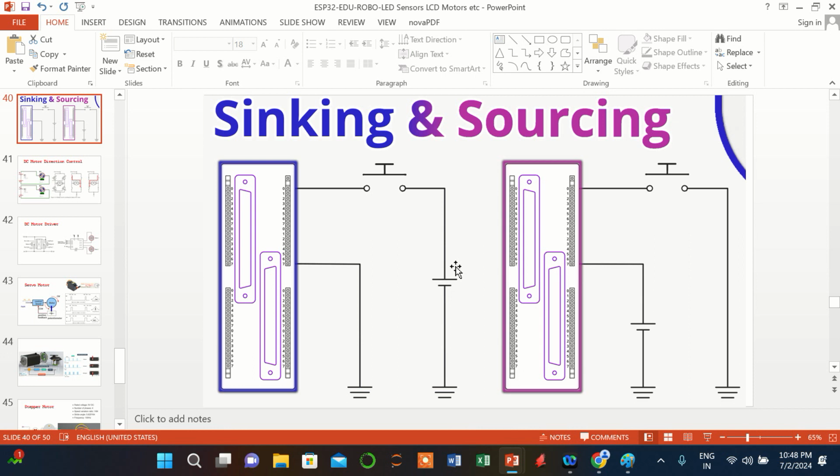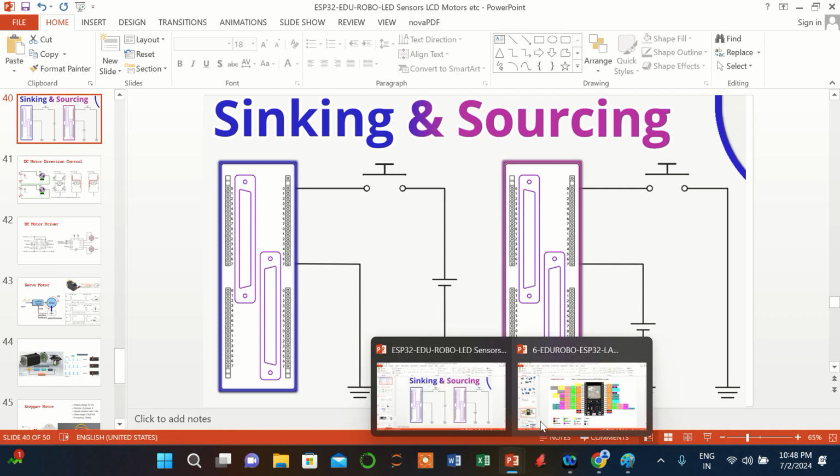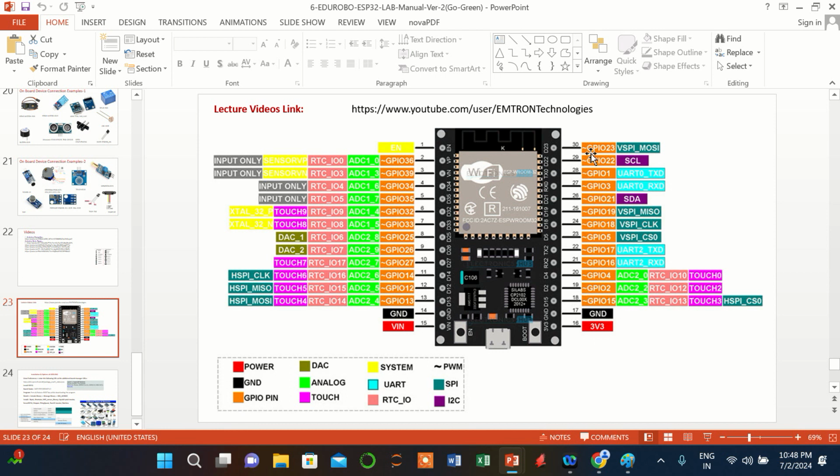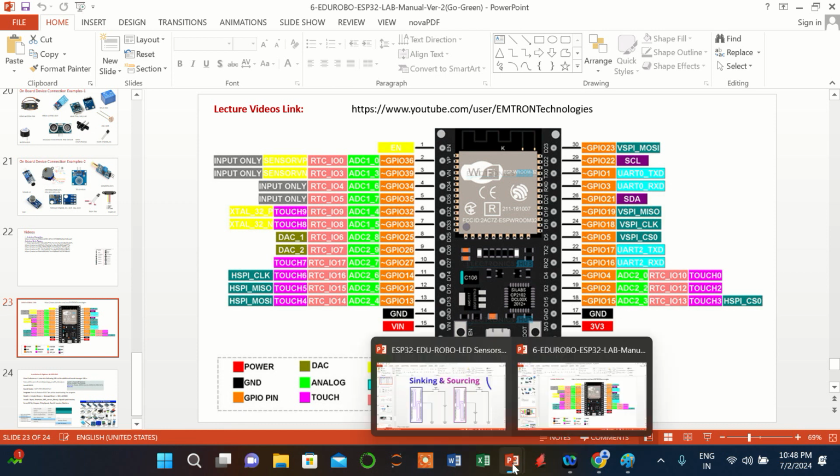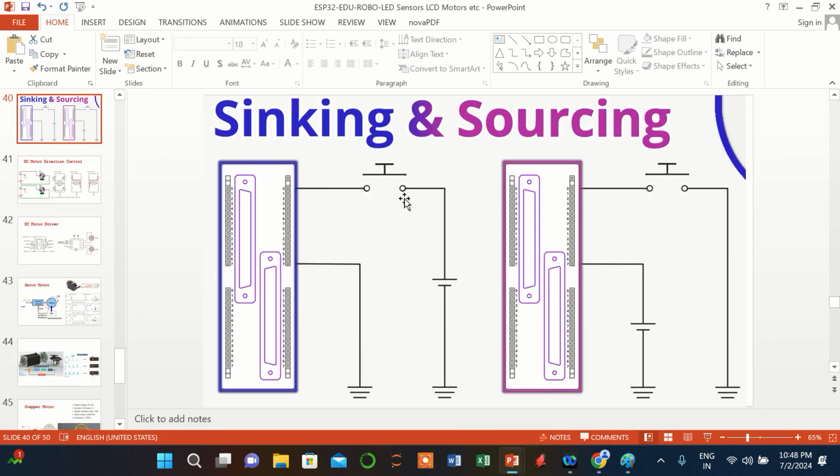Let's say a switch is an input device, where you can see the switch. How will you connect the switch? One pin of the switch, you will connect to the microcontroller pin. Microcontroller pin means any of these GPIO pins, right? One pin, you can connect to any of these orange colored pins.